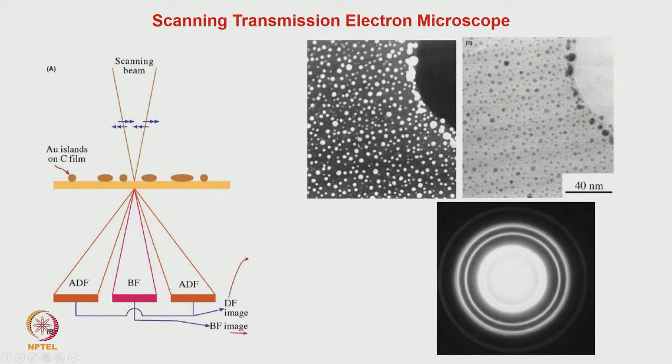So we are able to get a relatively much better, uniform image, and especially when we want to find out the particle sizes, this image could be used to get correct information. The details of it I have covered earlier, so I will not go into it.